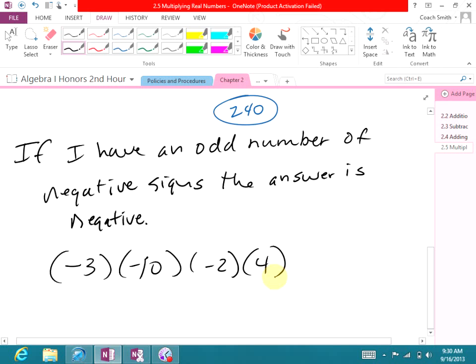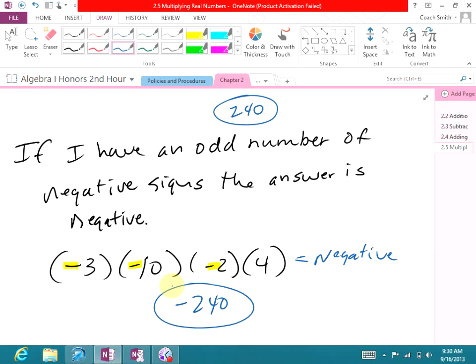Now, if I do it that way, I have 1, 2, 3 negative signs. 3 negative signs would be odd, and so that's going to equal a negative answer. And the bottom line is it would equal -240 when you multiply it out.